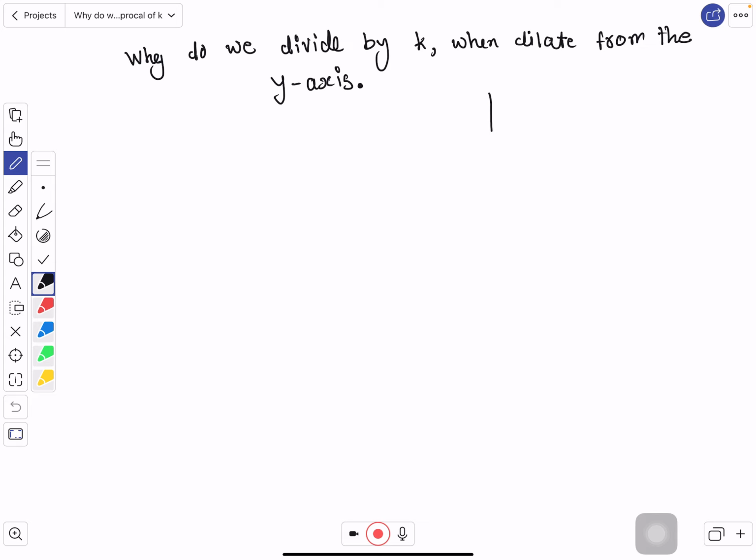So we have the x and y-axis, for example, that's the x, that's the y. Now let's say we've got a point here, that's the x, and this point is going to be y. Let's call this point the original, or the old point, x comma y.